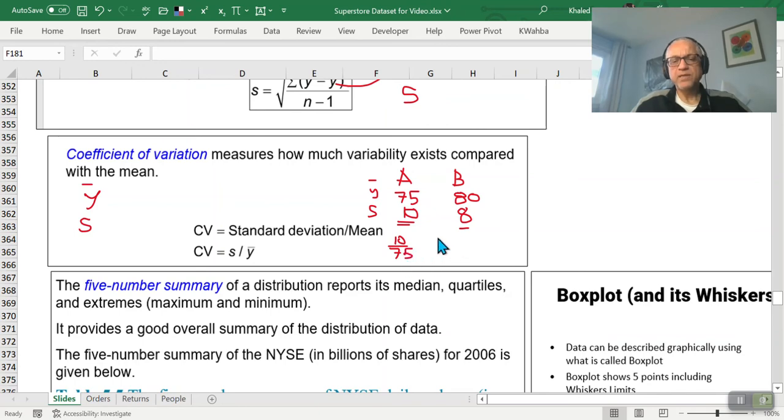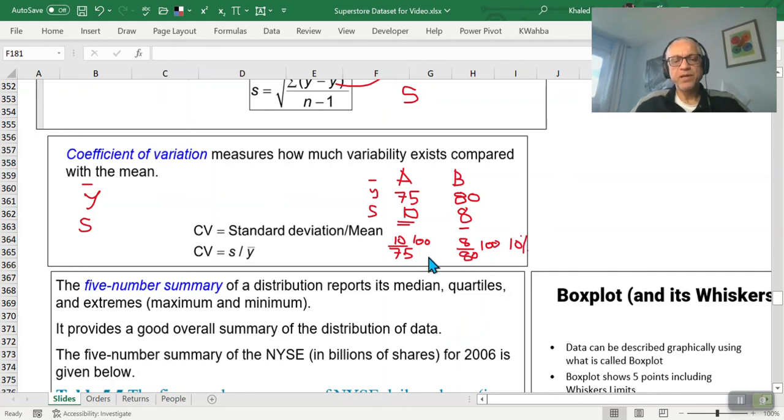And be careful here, multiply by 100. And here it's the same thing, 8 divided by 80, and multiply by 100. So basically you're going to get here a 10%, which is how the variation looks.